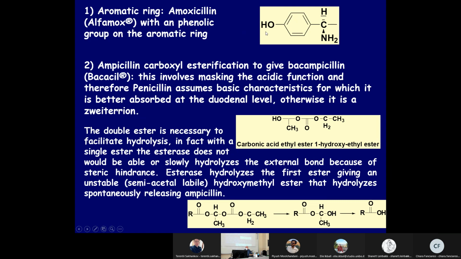In particular, they introduced another hydrophilic function on the aromatic ring, and we got at that time amoxicillin, more hydrophilic than the aminopenicillin ampicillin.